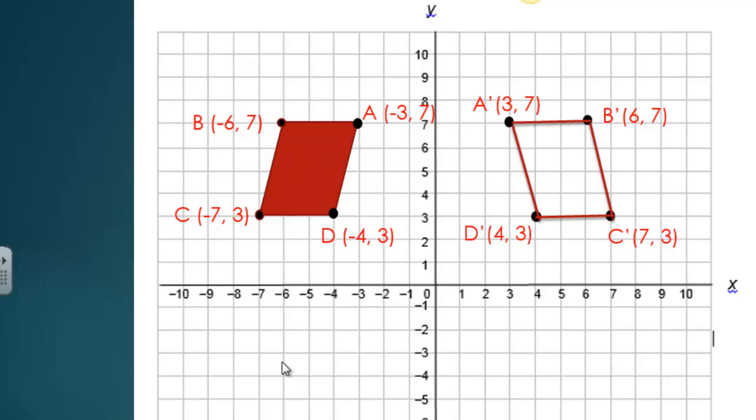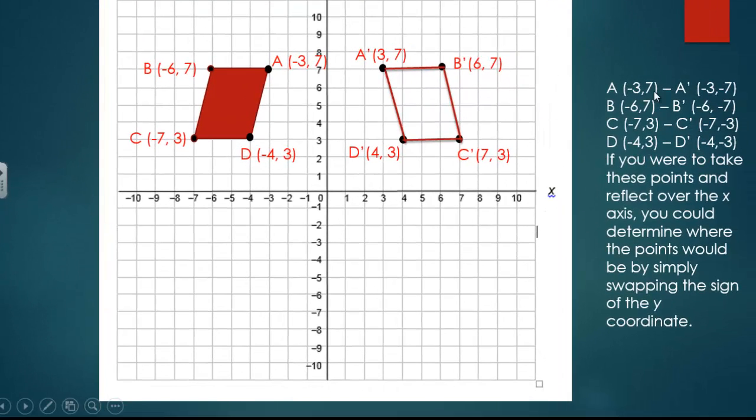If we were to reflect over x, so if you were to take these points here and we're flipping over x, which means we take the opposite of y, so (-3, 7) becomes (-3, -7). (-6, 7) becomes (-6, -7). So you already know where the points need to go just by using that trick rather than having to count them out. So if we were to plot those down here, and then we can add our points after.